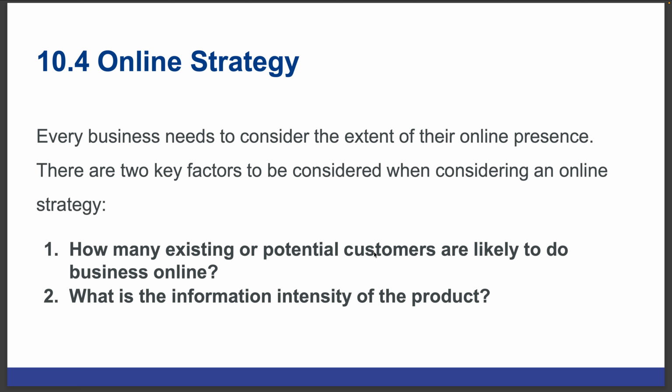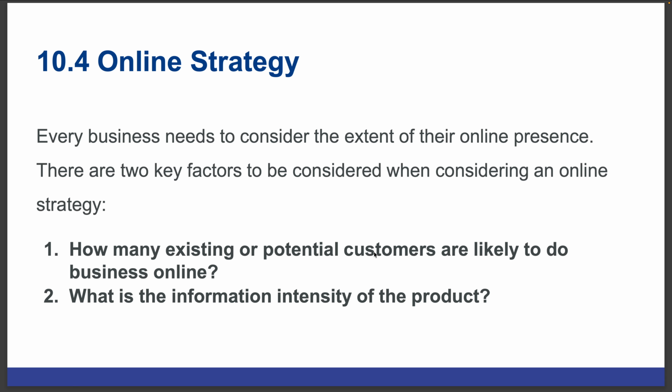On the other hand, we can talk about low information intensity but a high number of customers available online. It could be something like a corporate which wants to manage its office supplies. So one can look for the services of office supply and outsource their needs to a third party agency like Staples or 3M.